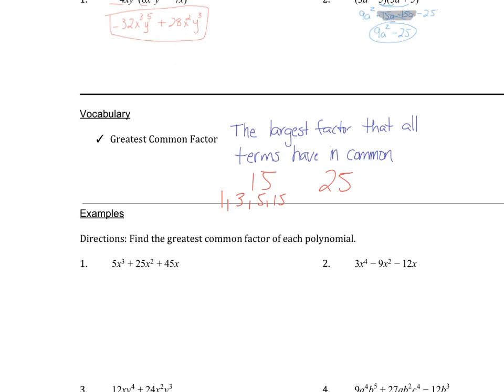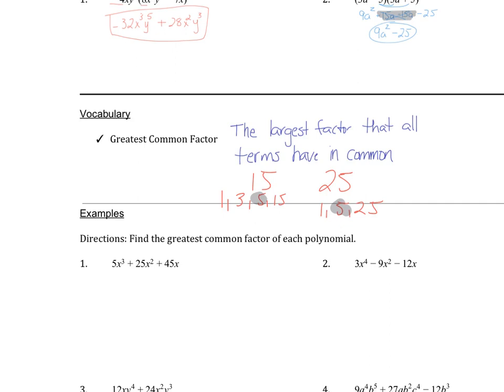My factors of 25 are 1, 5, and 25. So my greatest common factor would be the largest factor that they have in common. And in this case, that would be that 5 for both. So that's kind of going back to what you should have learned hopefully in middle school.